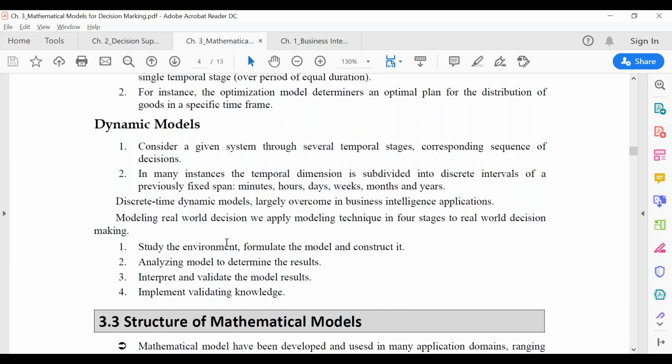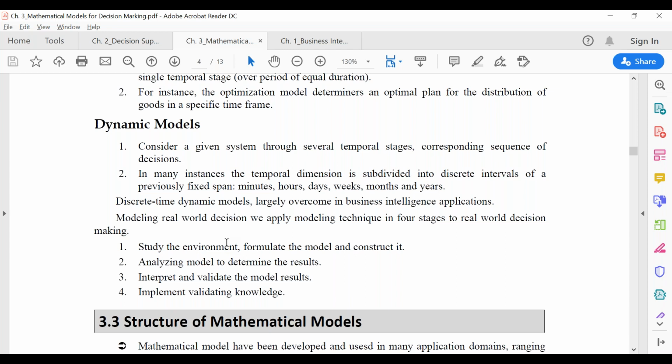For example, the water level in a particular lake will decrease or increase with time. I would say the data of the population will increase or decrease with time. The rate of deforestation will decide whether the forest will bloom or go away.